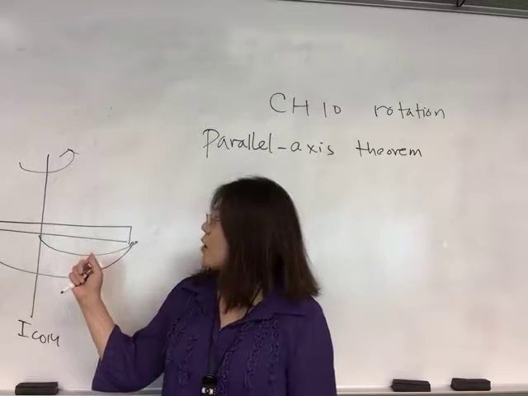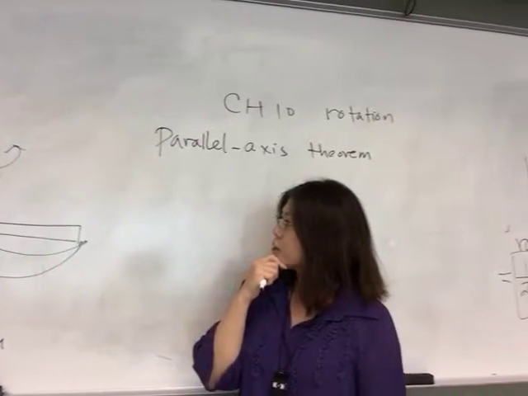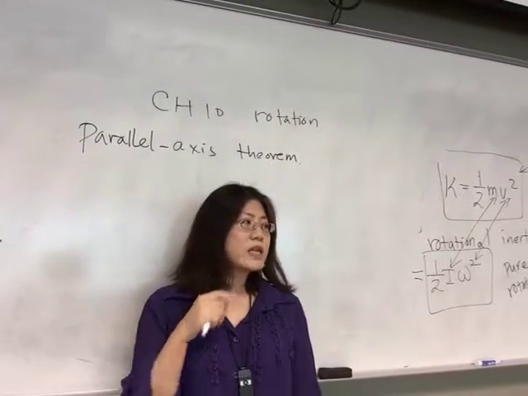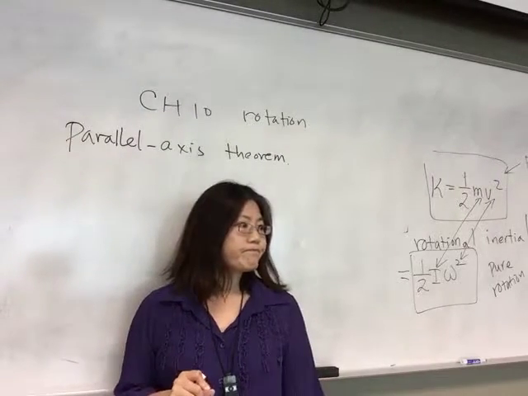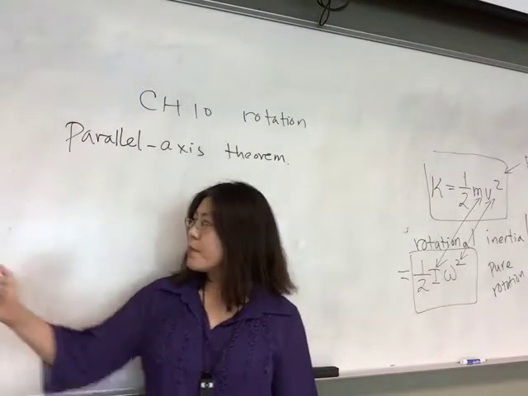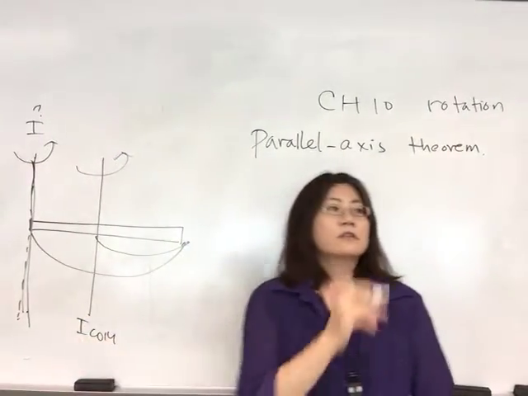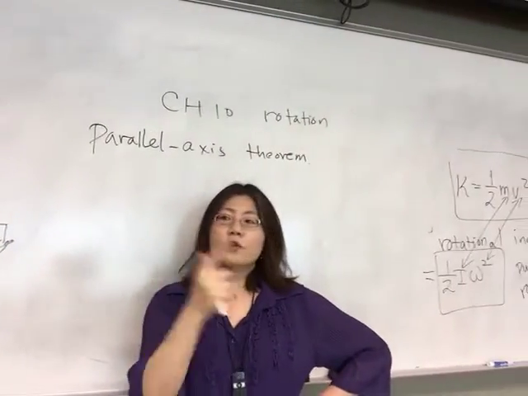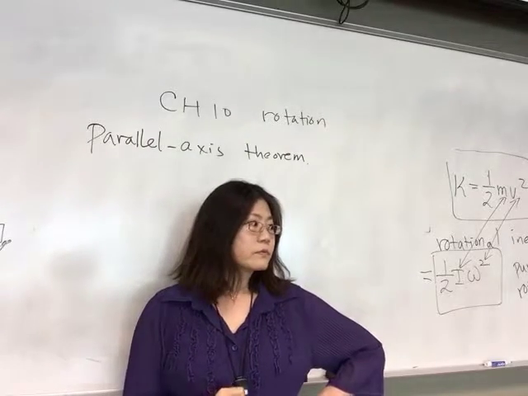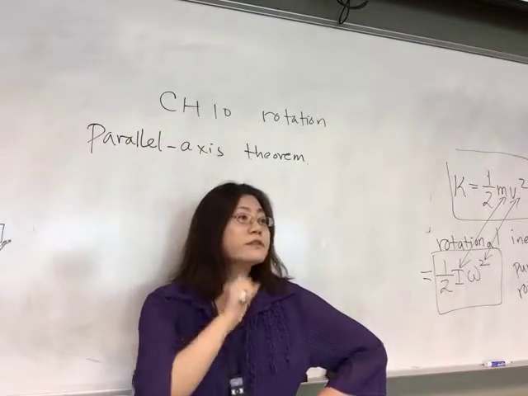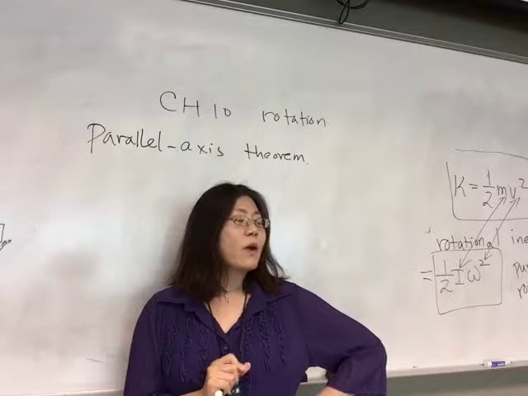So let me just ask you, which one do you think will be easier to rotate? Through a central mass or through this axis? Which one will be easier for this to rotate? Yes? Center mass, right? Why?